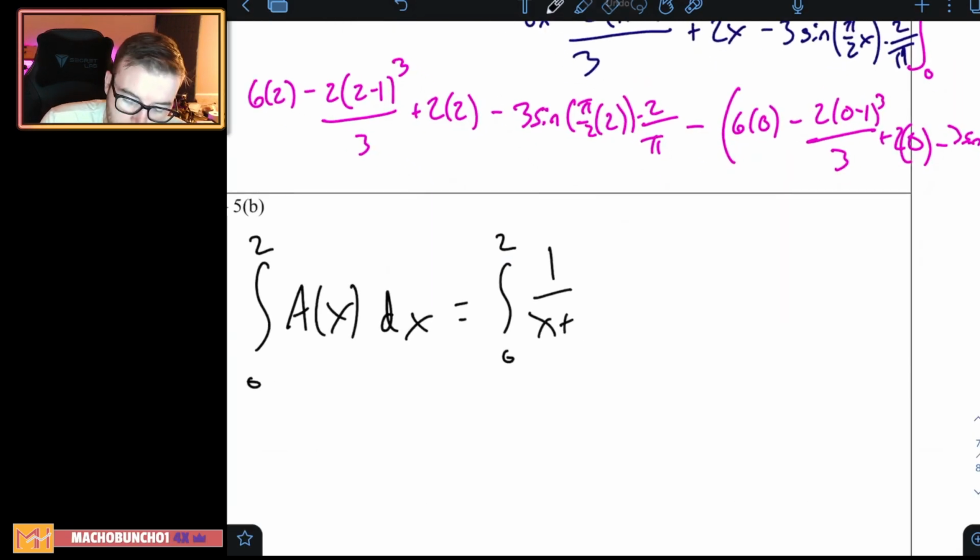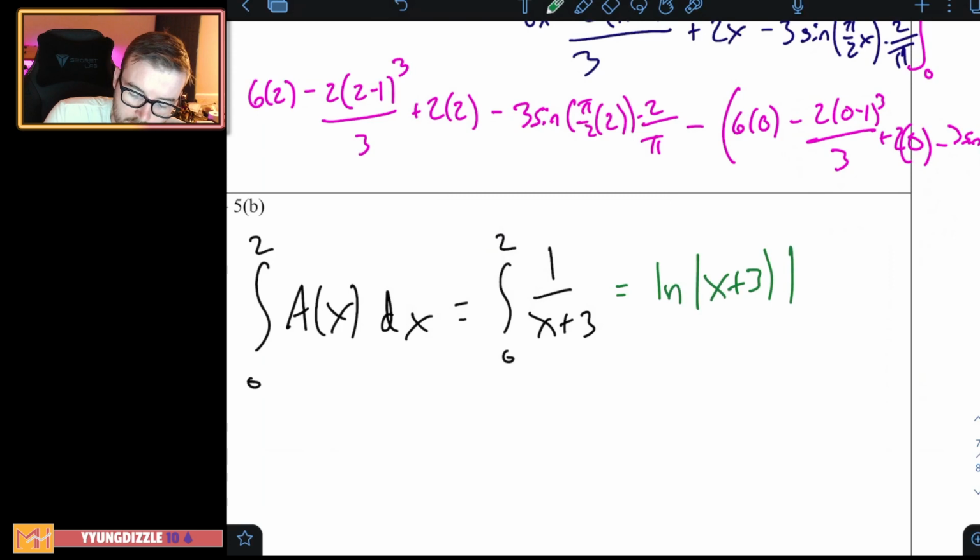So the integral of this is 1 over x plus 3. And the derivative of x plus 3 is 1. So anytime it's 1 over something, besides a nuanced situation where maybe you need to do a little more u substitution, for the most part, it's just this.